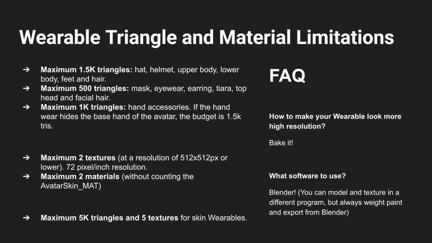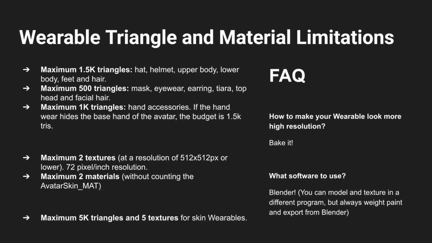We can also use a maximum of 2 materials without counting the skin material of the avatar, which you can find at the end of the presentation in some links to different resources where you'll find the base avatar, which we looked at previously, and also some reference wearables to give you a better idea of how that actually looks in real life.